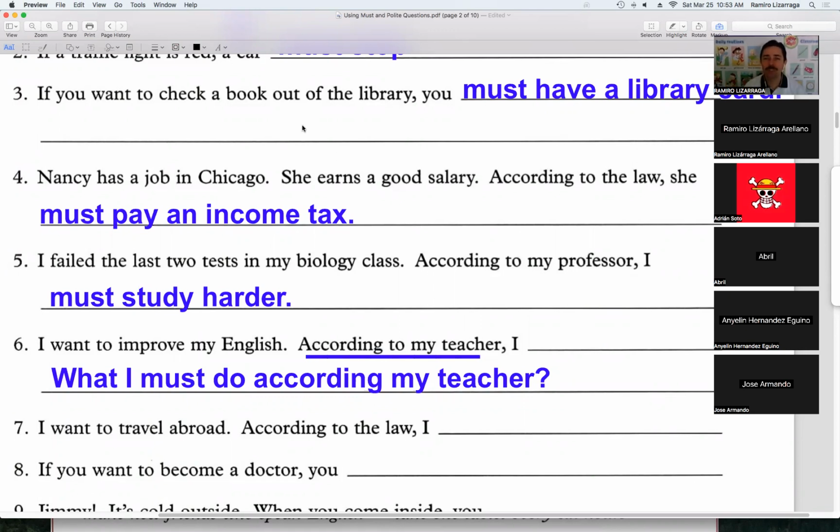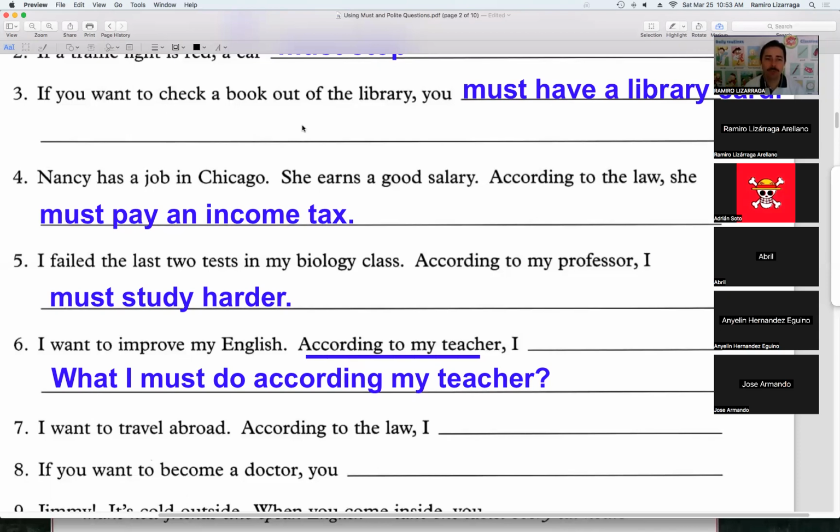Por ello he escuchado como dos diferencias. Una, los profesores son los que dan clases en la universidad. Esos son professors. Ya los que enseñamos elementary school, junior high, high school, we are called teachers. Okay, that could be one difference.